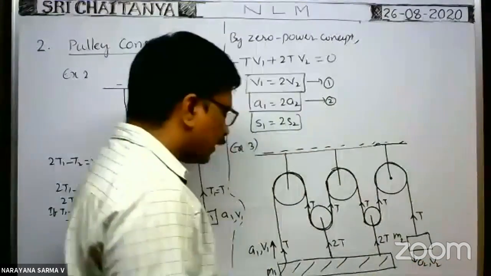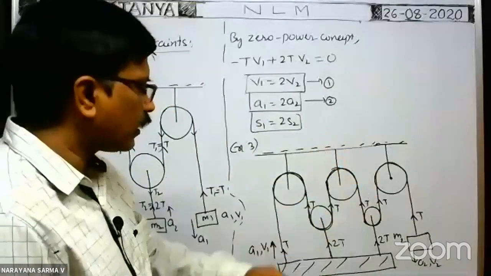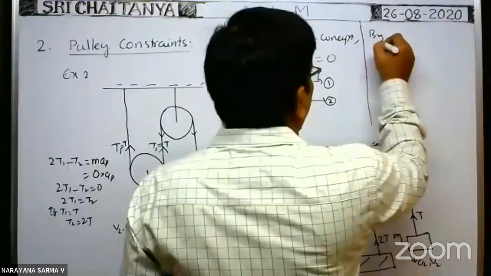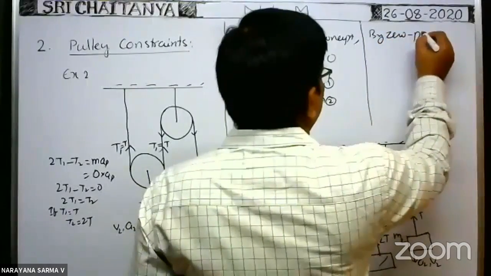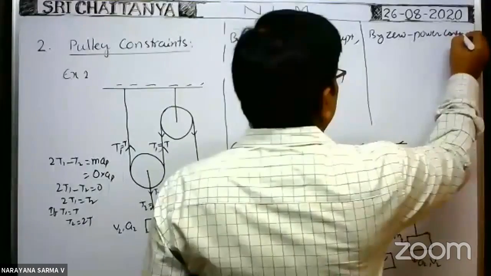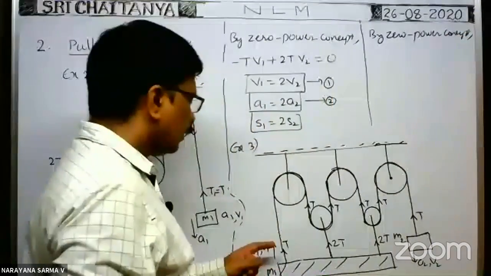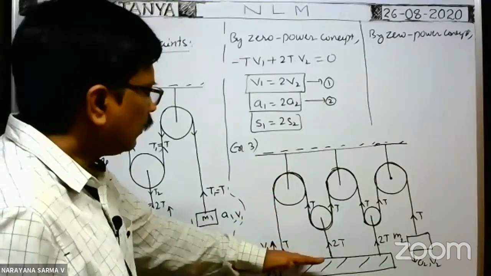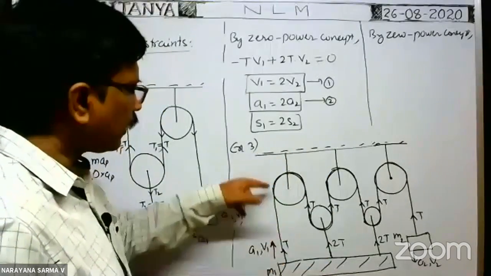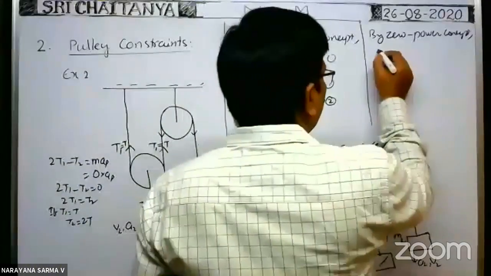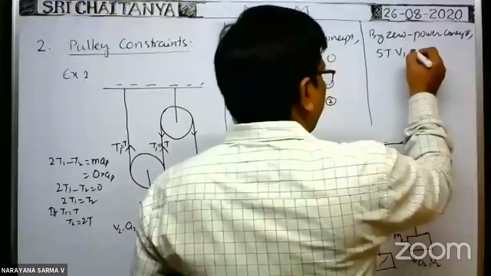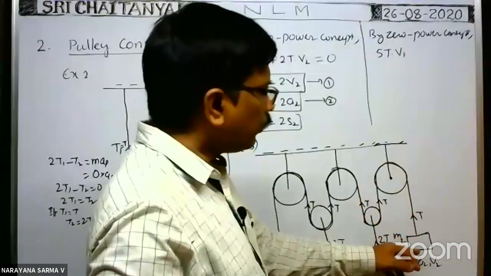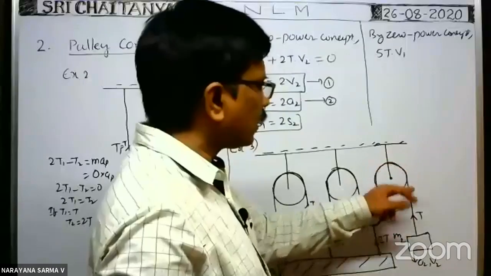Now tell me the constraint relation for this plank and block. According to the zero power consumption concept, on this entire plank, 5T tension controls the motion. So 5T upwards and velocity of the plank is also upwards, so 5T into V1. Next for this block, T into V2, but T is in upward direction and V2 is in downward direction.